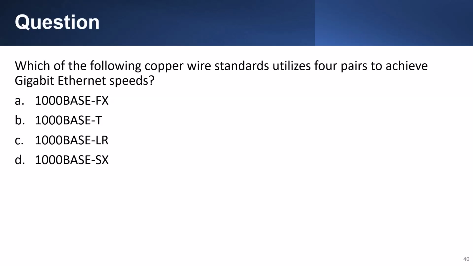Question: Which of the following copper wire standards utilizes 4 pairs to achieve gigabit Ethernet speeds? Answer: 1000BASE-T.